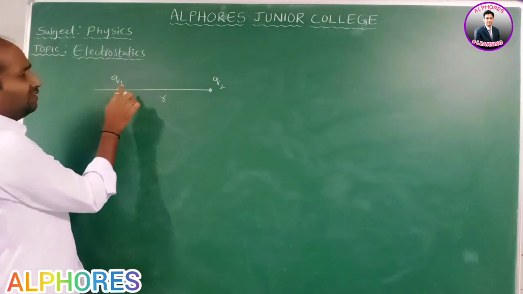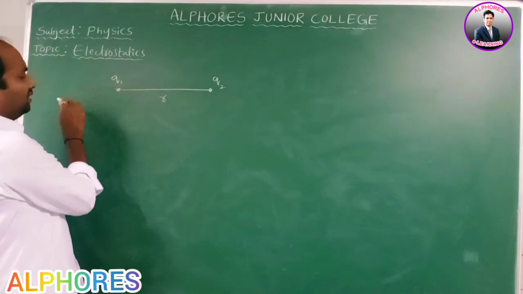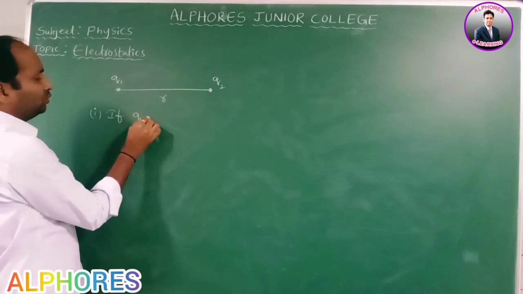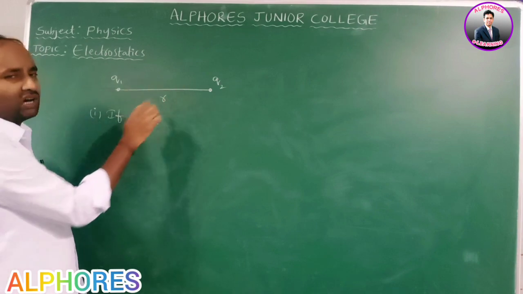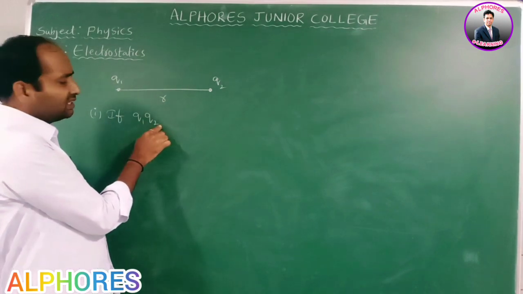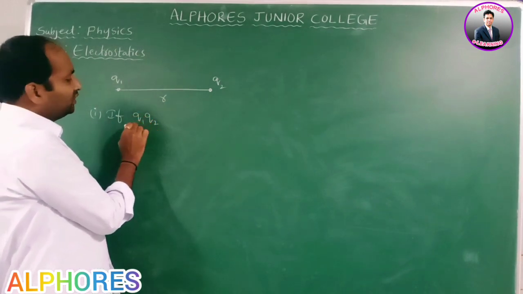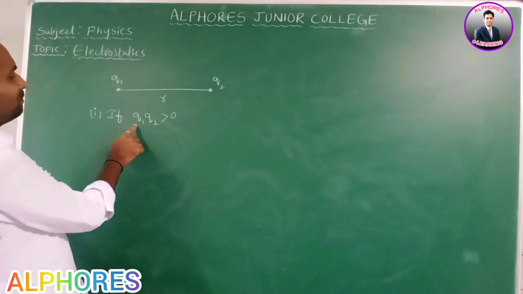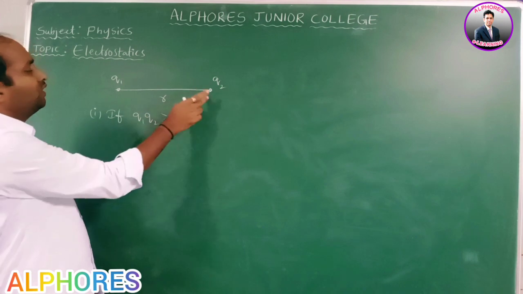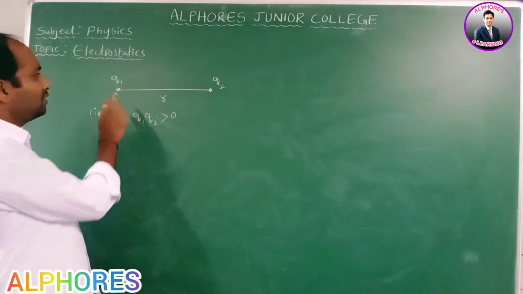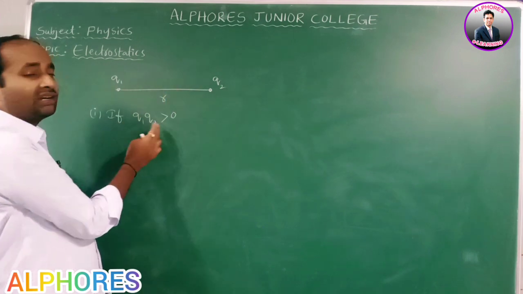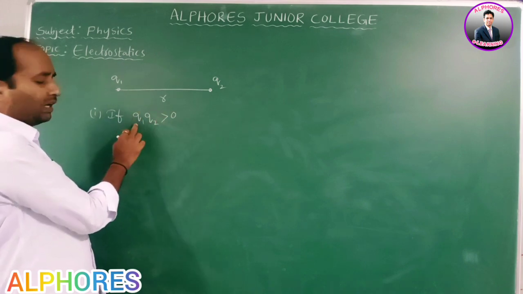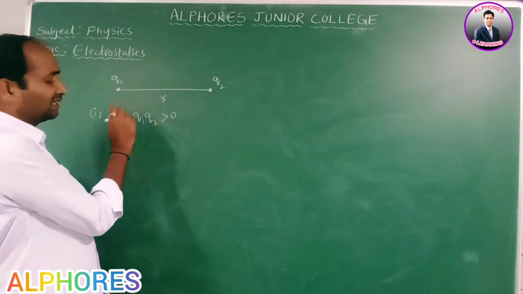Let us take the first case, if the product of the two charges Q1 Q2 is greater than 0. When is it possible? If Q1 and Q2 are like charges, either both are positive or both are negative: plus into plus is greater than 0, and minus into minus is plus, greater than 0.